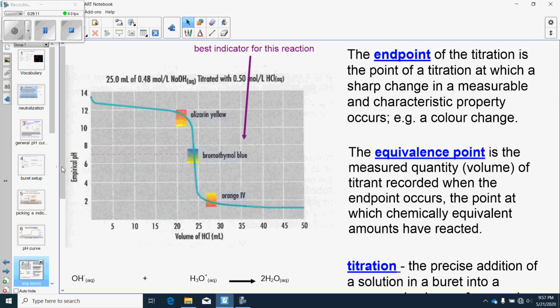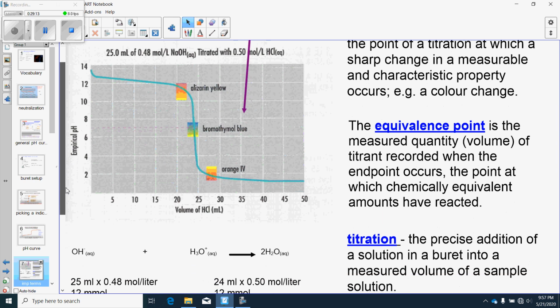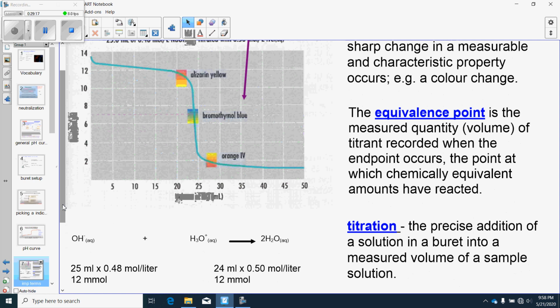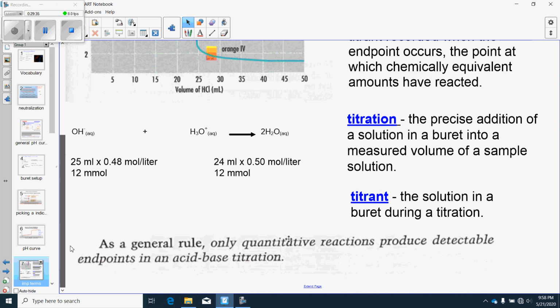Endpoint, and you can read each of them. We have equivalence point. Titration is this process. That's what we set it up so we can actually measure the pH over a certain amount of time to see what's happening. So the titration is the real time, and then the pH curve is once we have graphed that material. A titrant is the chemical that we put in the burette.